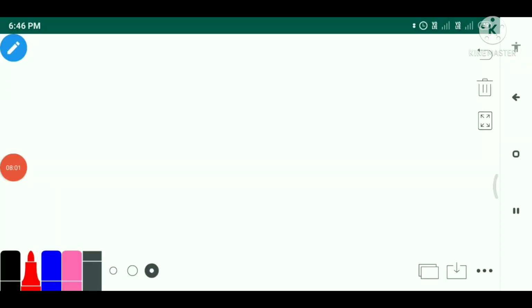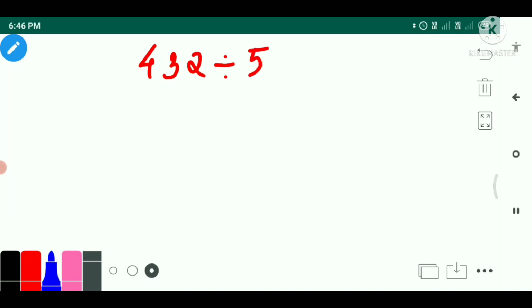Okay, now my dear students, we'll discuss how we can divide any 3-digit number with remainder. Okay, so suppose we need to divide 432 by 5. Okay, so we'll divide this one by using long division.